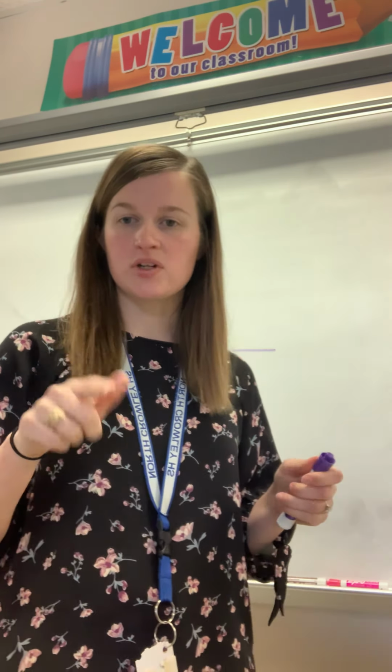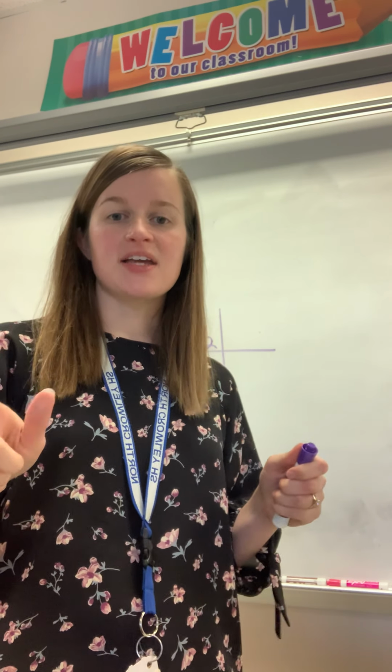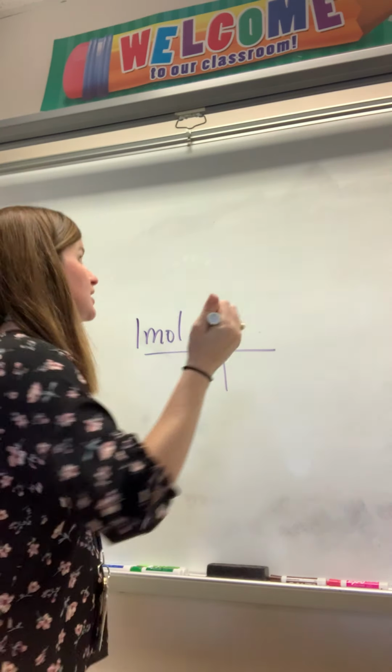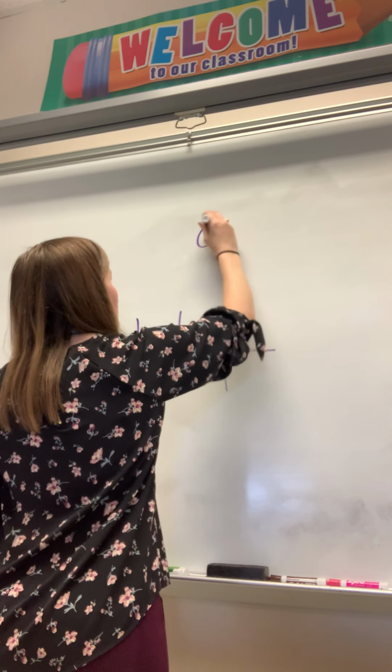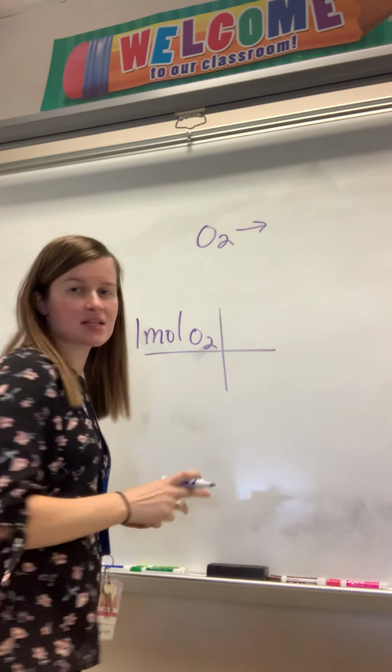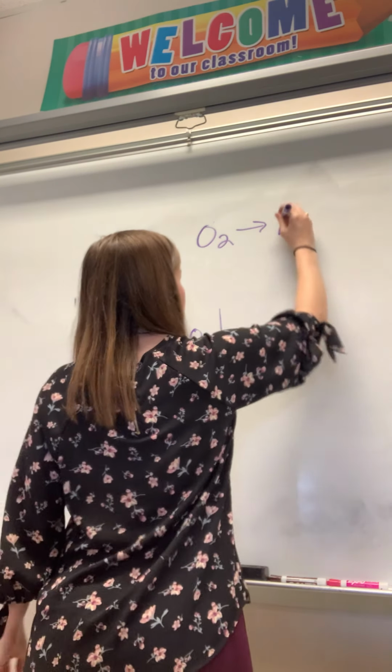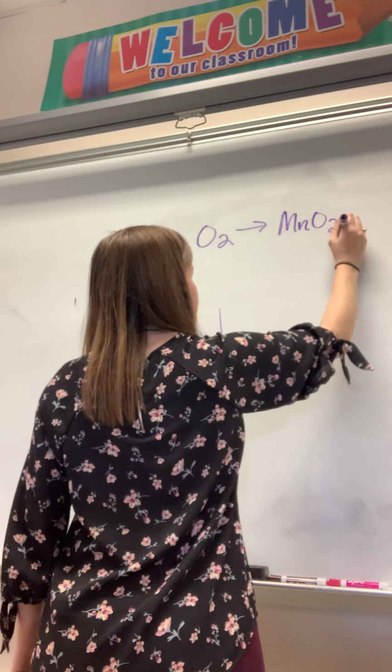And so I'm going to find my oxygen, which is that first equation. And then I need to find something that links it to the second equation and something that links it to the third equation. So what we're going to end up doing is going O2, and then something that's common in both problems is that MnO2. So then I'm going to go to MnO2.